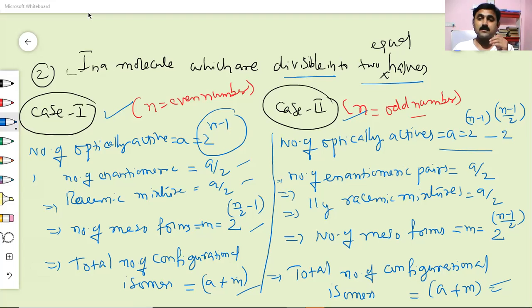Okay, in this session we have discussed the content related to optically active compounds and inactive compounds. In the active compounds, the classification into enantiomers and diastereomers, and moreover we have given the details about what is the mesoform and racemic mixture in the optically inactive compounds.